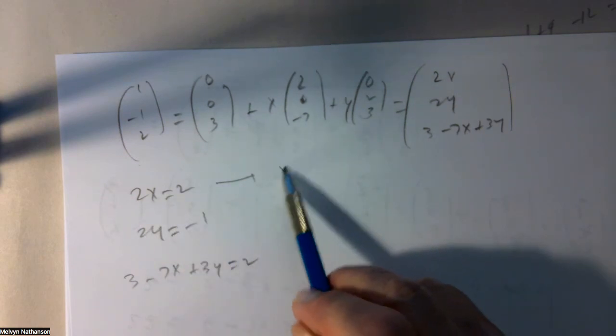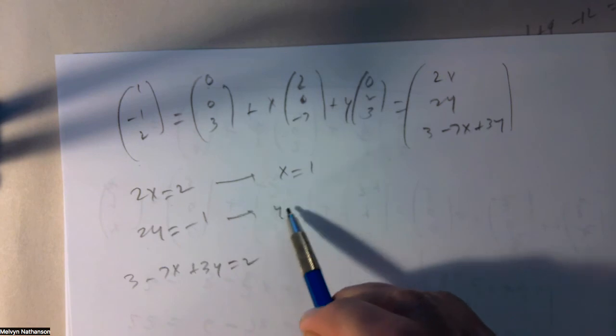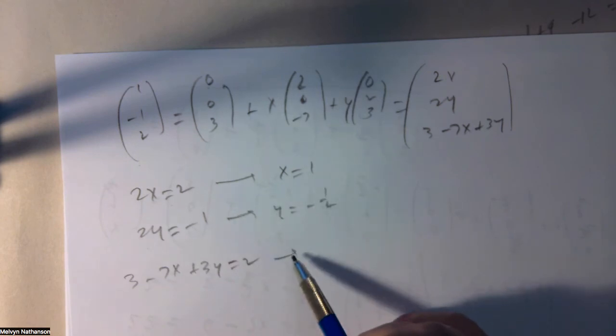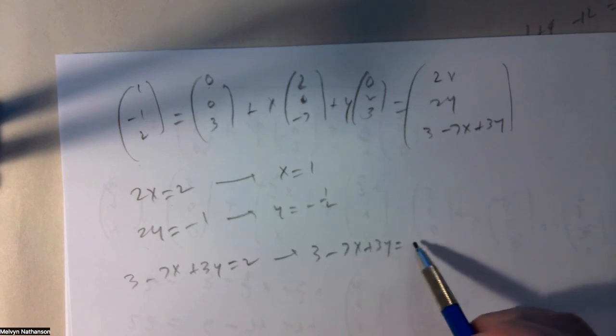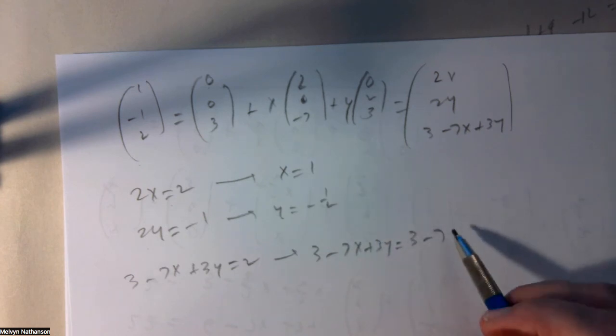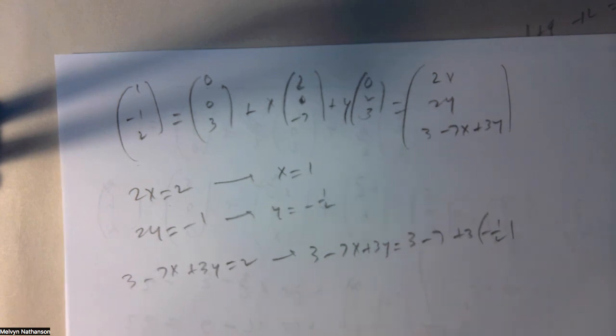2x equal 2 says x has to be equal to 1. 2y equals a half says y has to equal minus a half. Let's see if this is correct. 3 minus 7x plus 3y is 3 minus 7 plus 3 times minus a half. This doesn't look good.